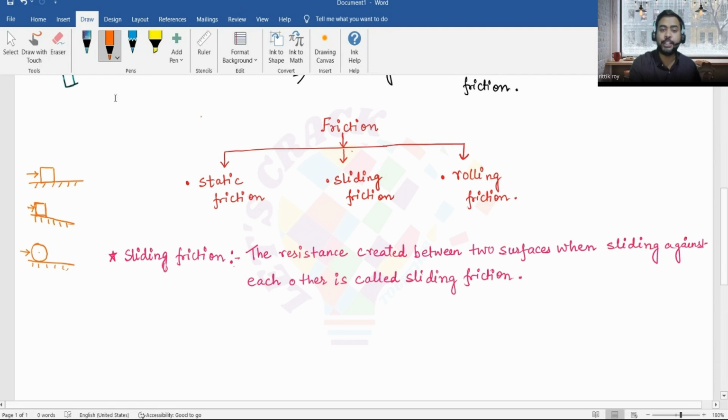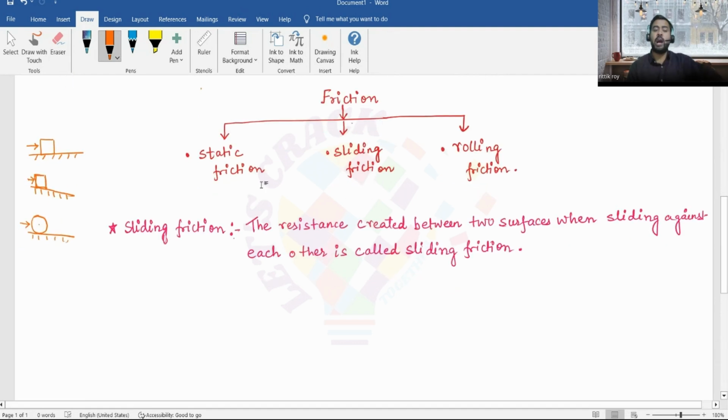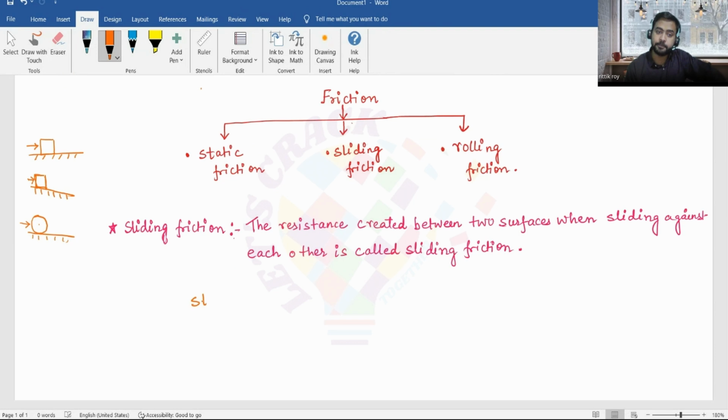The value of static friction is very large as compared to sliding friction, and the value of rolling friction is least as compared to sliding friction and static friction.